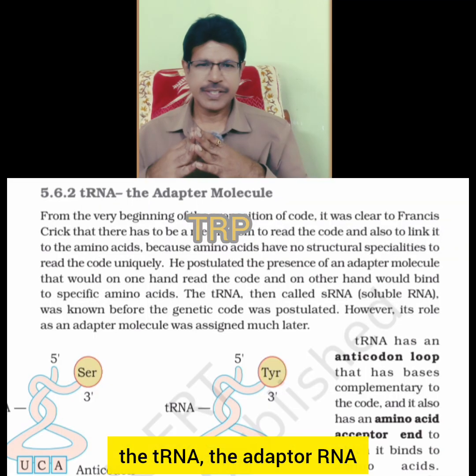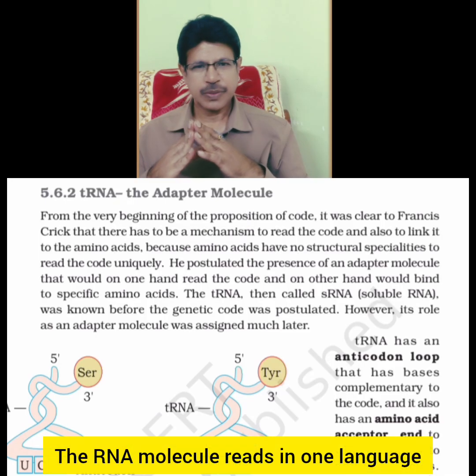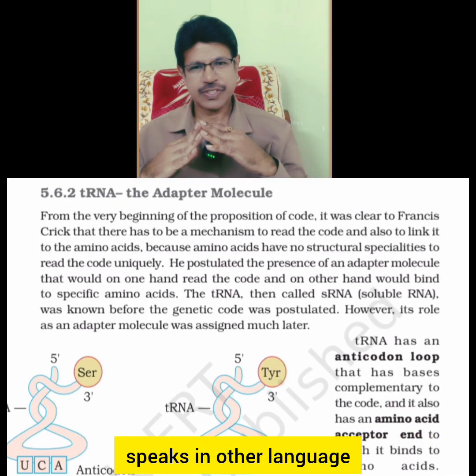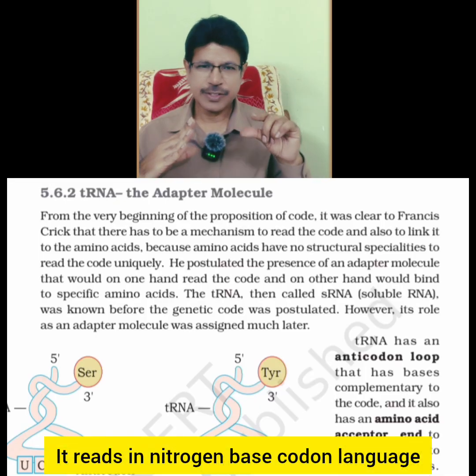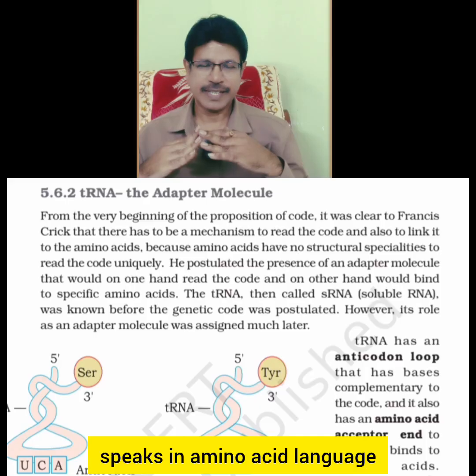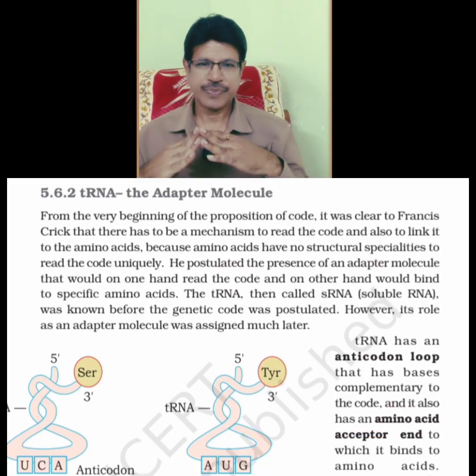Next, the tRNA, the adapter RNA. The RNA molecule reads in one language and speaks in another language. It reads in nitrogen base codon language and speaks in amino acid language. So it is the interpreter of the genetic code.